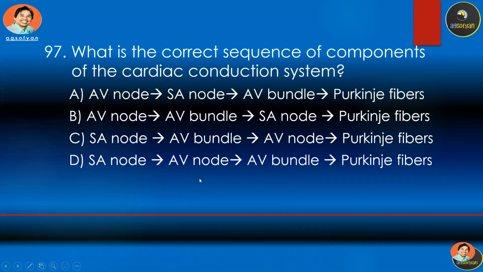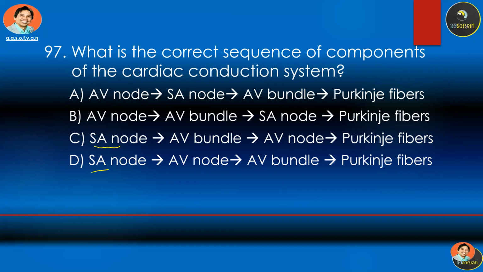What is the correct sequence of components of the cardiac conduction system? Okay, so remember, it starts with the SA node because that's the pacemaker, the one that gives the first contraction. So look for the SA node.